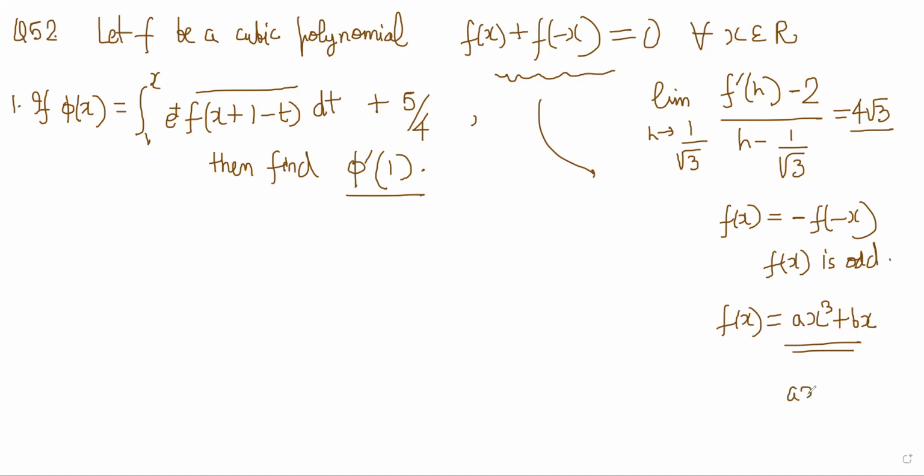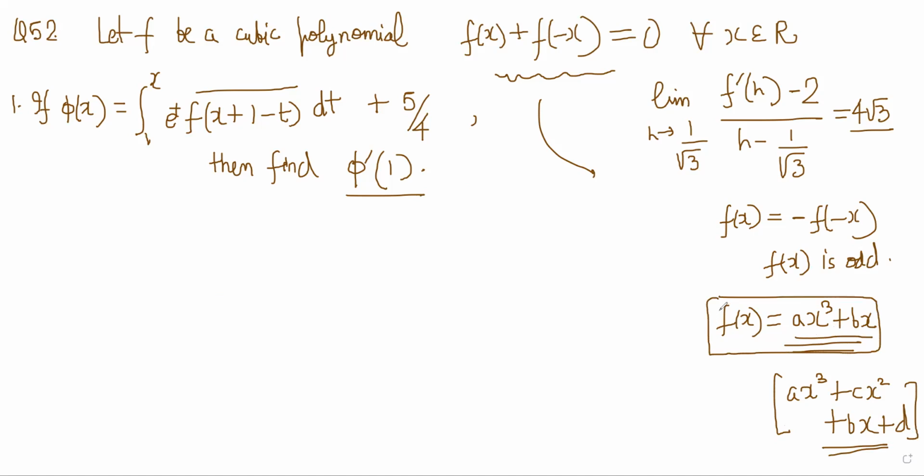If I had an x square term, then it will no longer be an odd function, right? And if I had a constant term also, it will no longer be odd, right? You can confirm this for yourself. Any odd cubic has to have this form, right?